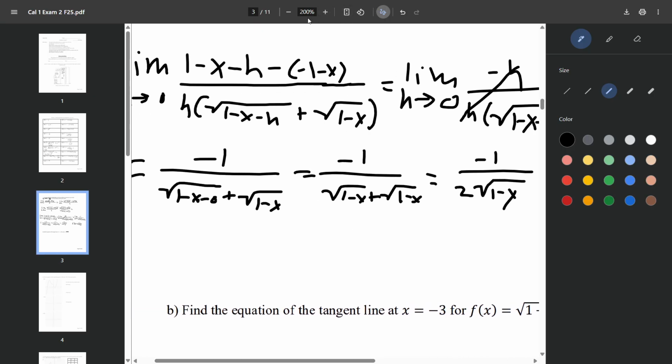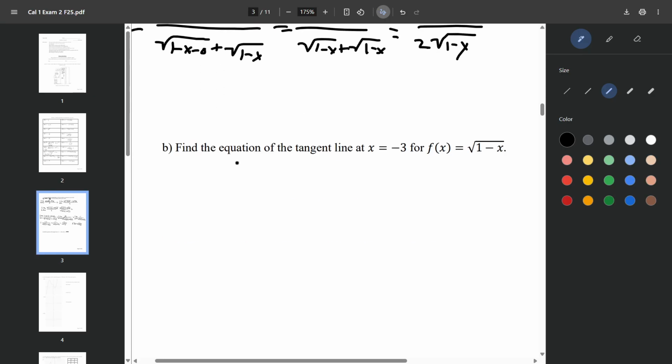Alright, and now time for part B. Find the equation of the tangent line at x equals negative 3 for f of x equals root 1 minus x. So what we have to do first is find f of negative 3 and also f prime of negative 3 to see what our coordinates are and what our tangent slope m is.